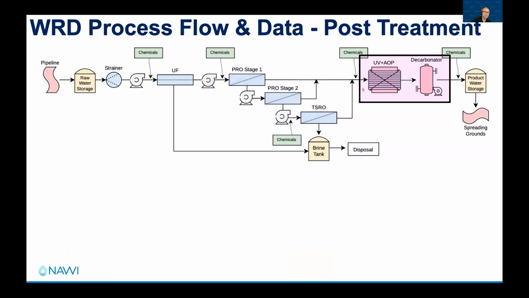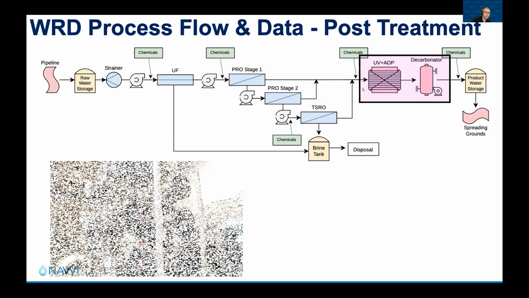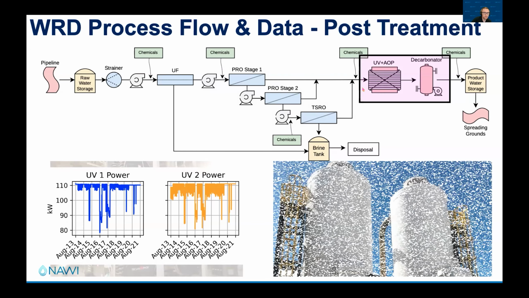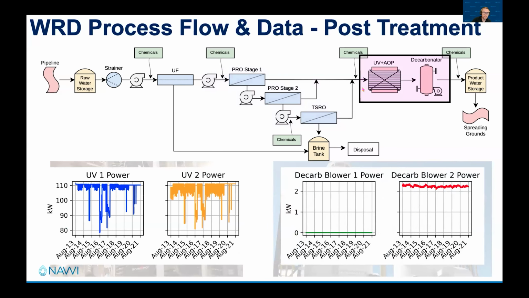From there it goes to the post-treatment, which is UV AOP and a decarbonator. UV typically looks like both are operating continuously, and for the decarbonator, typically they are only having about 1. And I'm just using a single week in August of 2023, I believe, for this presentation.